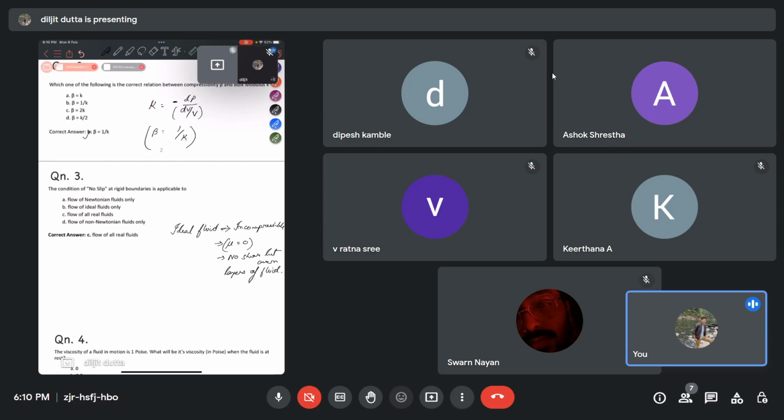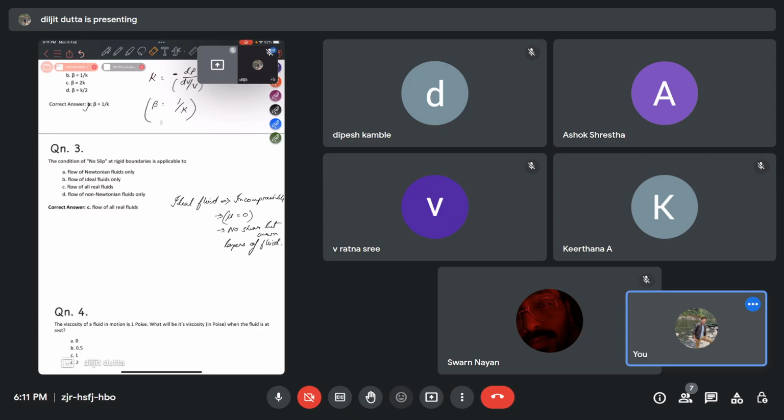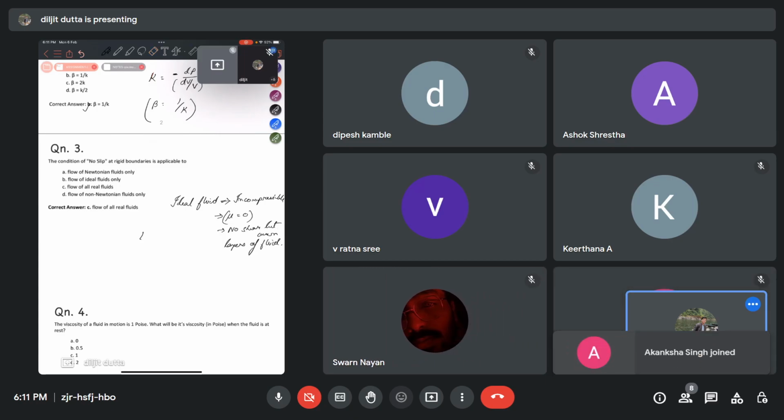These are the two prime criteria when you define an ideal fluid. So the shear stress for an ideal fluid is equal to 0.